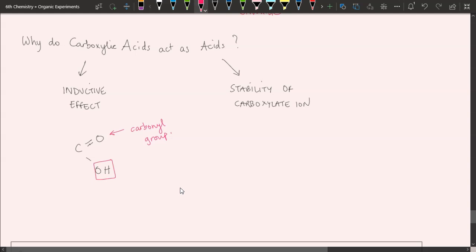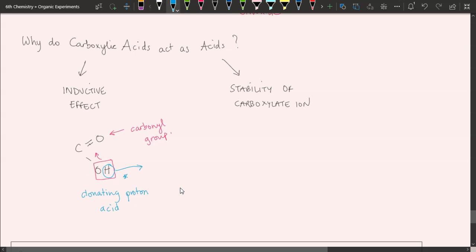When it draws electrons away, the hydrogen tends to leave. If your hydrogen is leaving, you're donating a proton, and if you're donating a proton, then of course you're going to be an acid. Some students say to me, well, of course a carboxylic acid is an acid, but it's only an acid because of this fact.